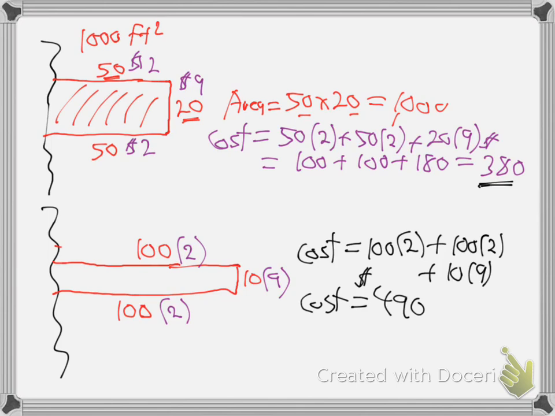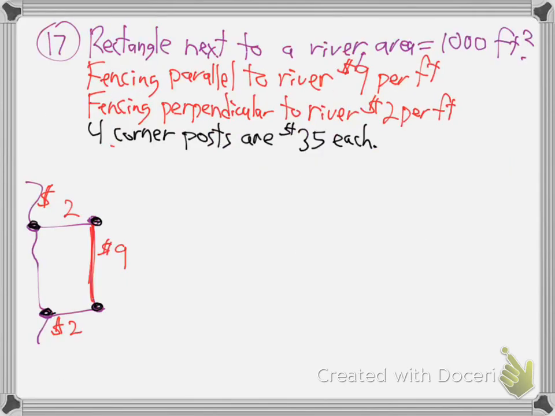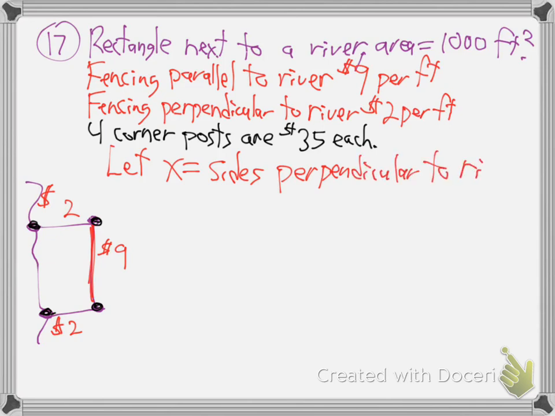So we're trying to do this in the cheapest way possible, giving 1,000 square foot of area for the animals, giving no consideration to anything else. Okay, so let's do it. So we have this fence. We're going to build it however we build it. Oh, and one thing I forgot. They say let x equal the sides perpendicular to the river.